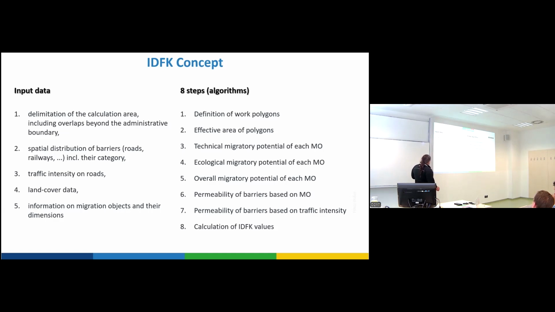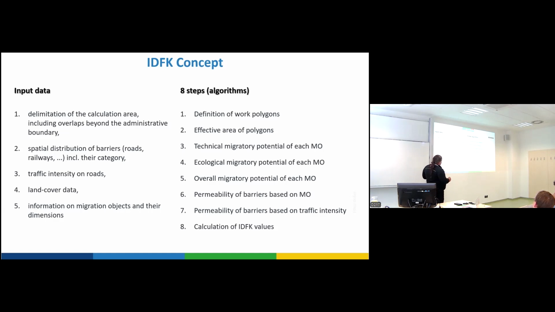We need traffic intensity on roads. Land cover data are also important this time. And of course, information on migration objects and their positions and so on.